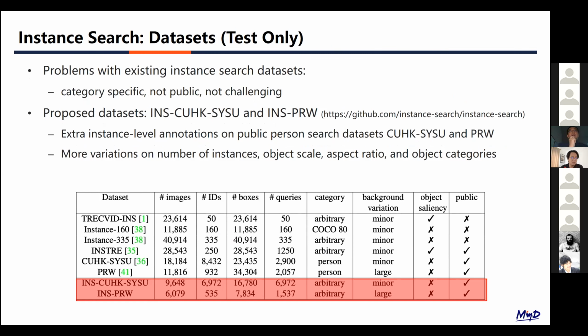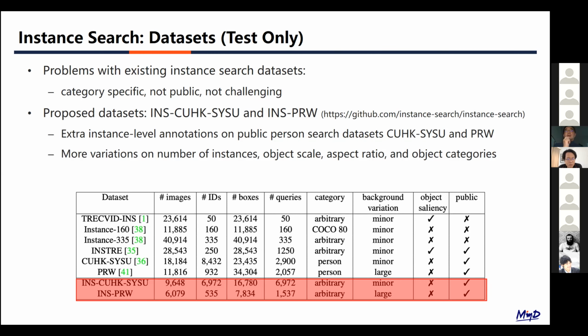Apparently, the instance search data set is relatively small. So in order to come up with a more realistic evaluation of our approach, we created two large annotated instance search data sets based on public people search data sets.